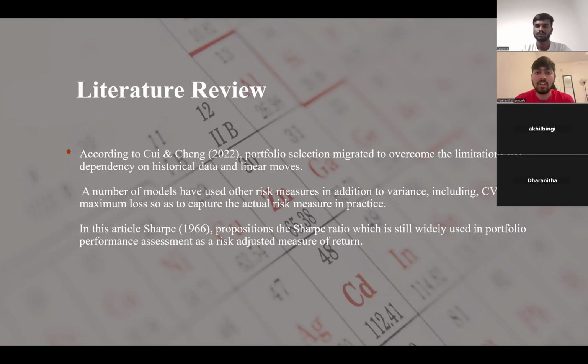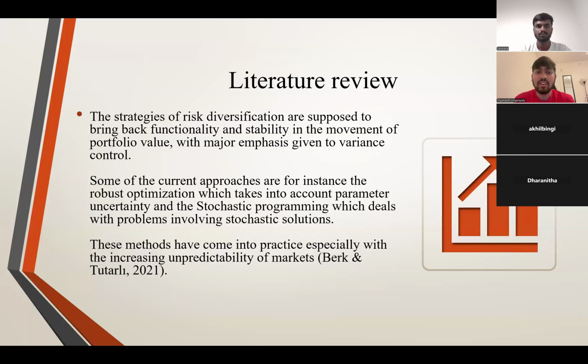And coming to the next one, current approaches. We leverage two prominent methods to achieve effective diversification and robust optimization. This approach addresses parameter uncertainty. In simple terms, it ensures the portfolio remains effective even if there's a variation in inputs like asset returns or risk.